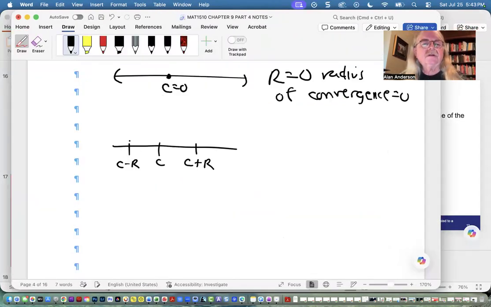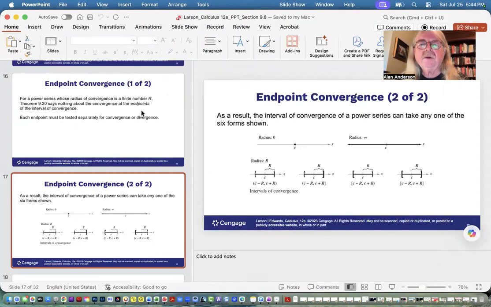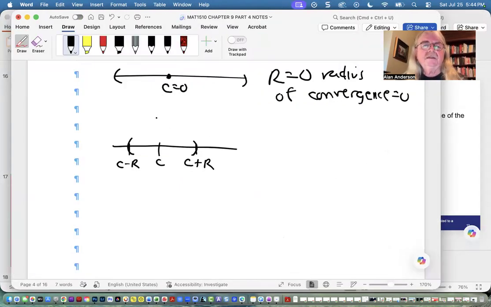They're starting with this one. The round brackets mean that the number does not actually get counted in the interval. So here, it's not convergent at either endpoint. Everywhere in between, yes, but not there.